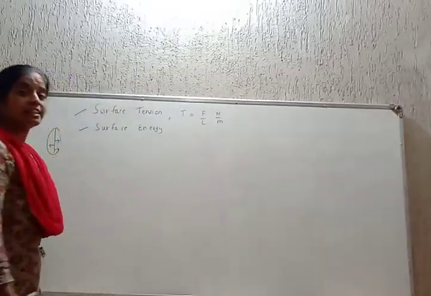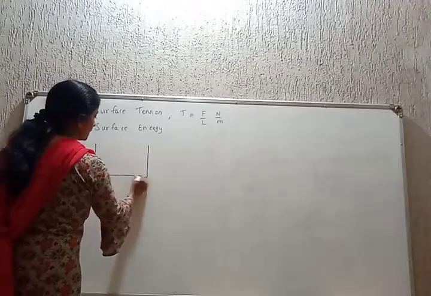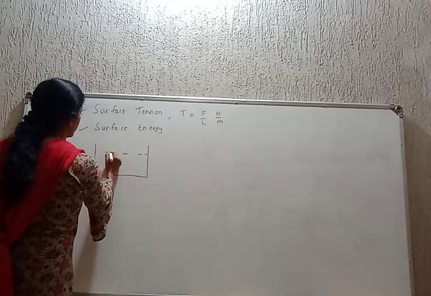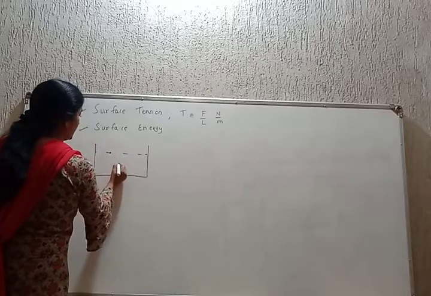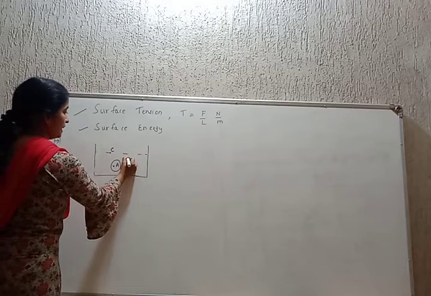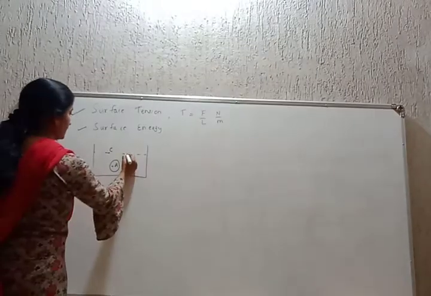Next, we will discuss surface energy. For surface energy, we will discuss that previous diagram here, where we had taken three molecules. Molecule A was well within, molecule C was on the surface, and molecule B was inside, slightly within the surface.